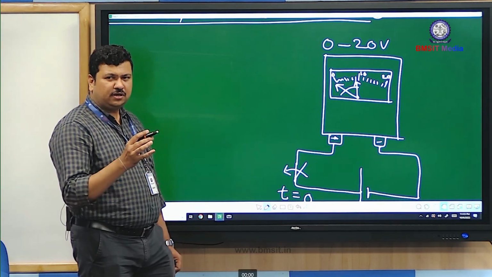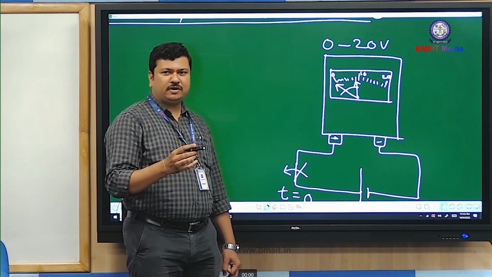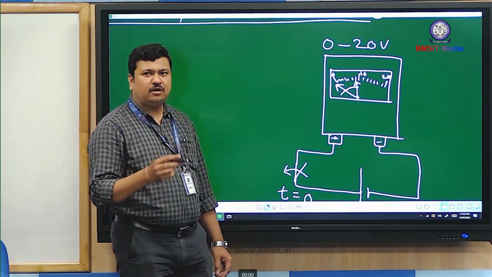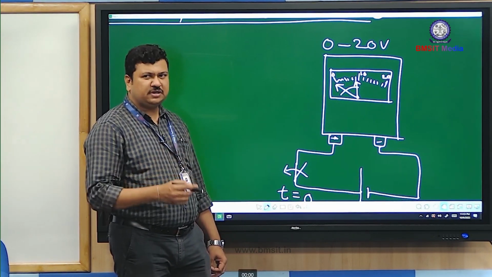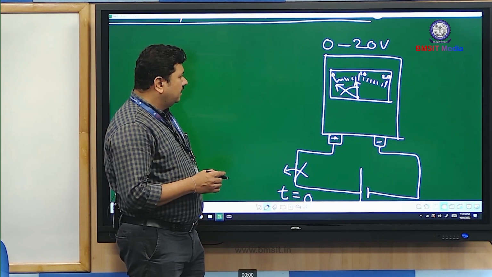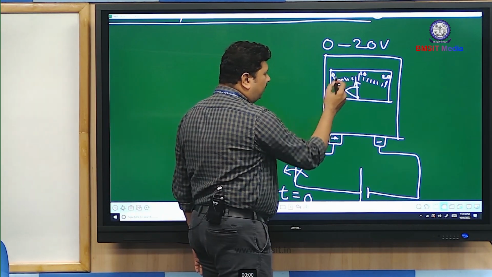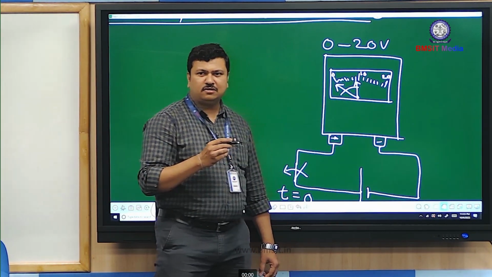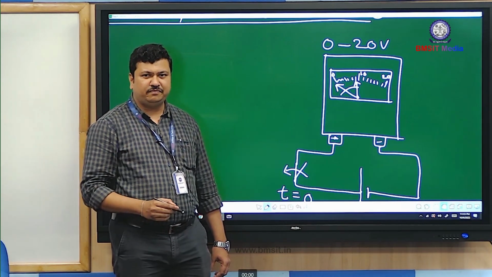But if you have keenly observed, or hereafter when you measure any parameter using analog voltmeters, this is true even with digital, the pointer will not rest on the exact 10 volt marking instantaneously.